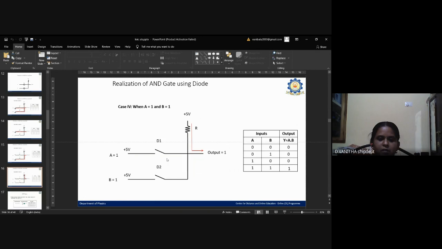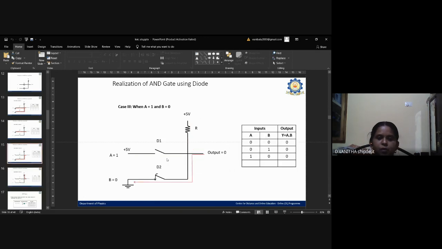Then if one input is 1 and one input is 0, the diode connected with the input 1 is reverse biased and diode 2 is forward biased, so that current can be passed through diode 2.